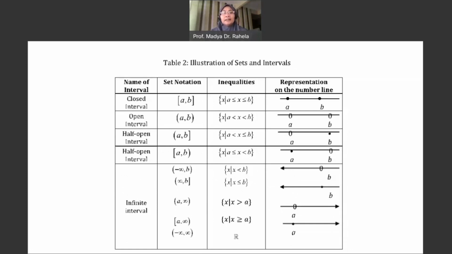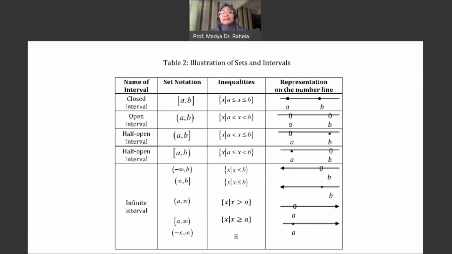We have A and B here. A closed interval on the left and also the right is given by a square bracket like this. It means that the numbers A and B are included in the set. They are also defined in the set.